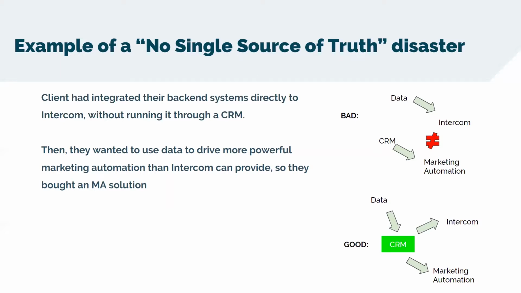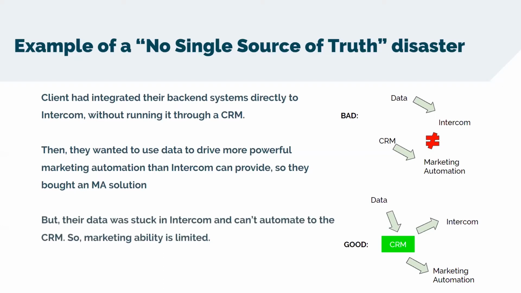Then they wanted to drive more powerful marketing, more than what Intercom can provide, so they bought a marketing automation solution like Marketo and connected their CRM to it. However, they discovered that Intercom cannot send data in bulk directly to the CRM. It syncs with the CRM on a contact-by-contact level, and it can receive data being sent in bulk from the CRM, but it can't send it.